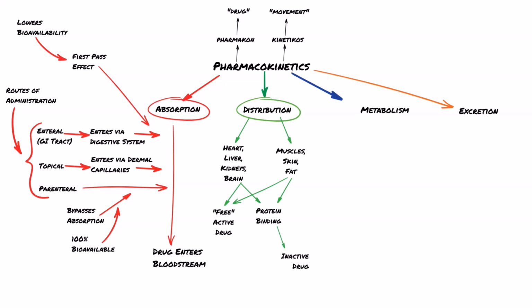This is an extremely important concept to understand because there is a higher percentage of free or unbound active medication in circumstances that lower albumin levels, like severe burns and malnutrition. An unexpectedly high amount of free drug could increase the chances of medication toxicity.